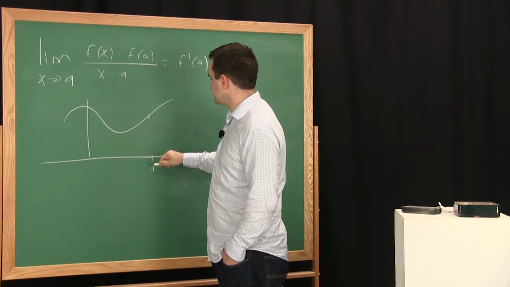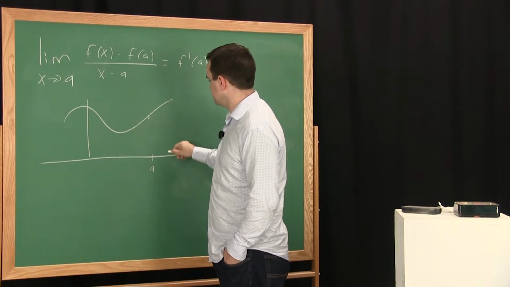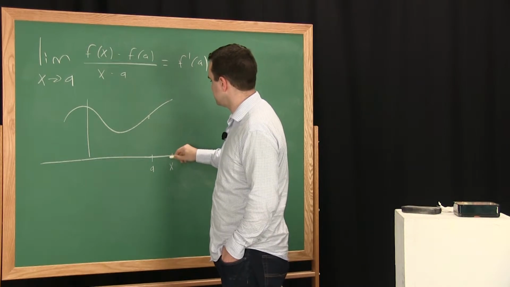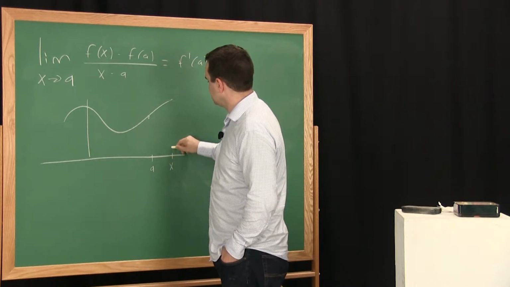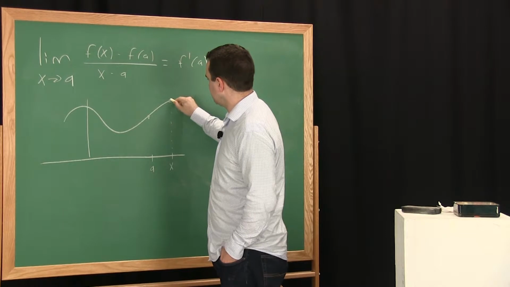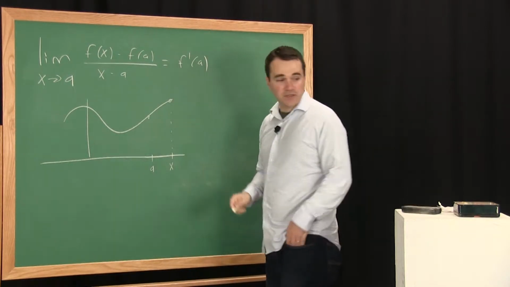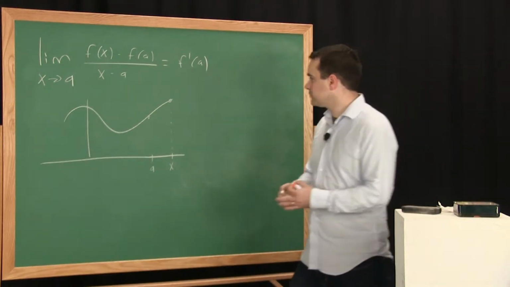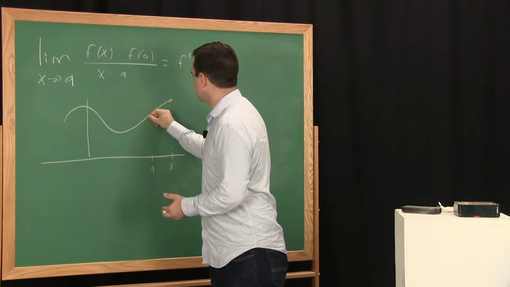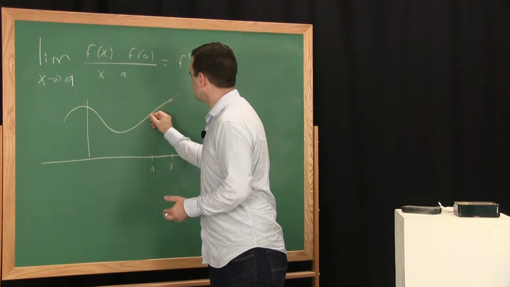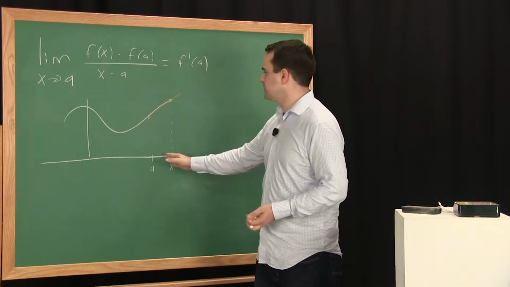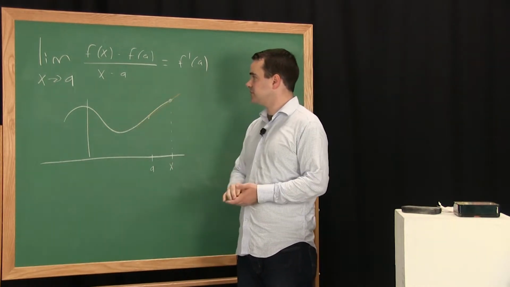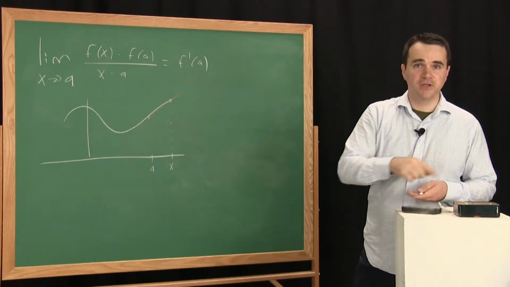When you're calculating this limit, you have to imagine that x is very close to a, but I draw it so that you can see it. And you can go up here and look at the point x, f of x, and you draw the secant line in between them. Okay, and you imagine x getting closer and the secant lines getting closer and closer to the tangent line.